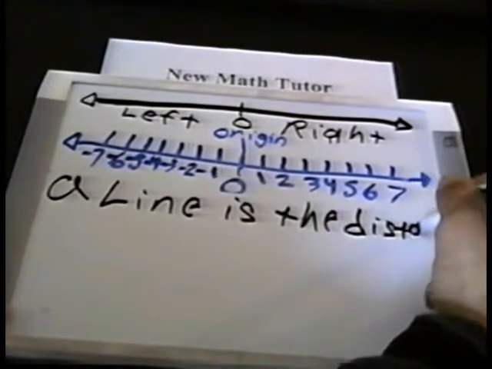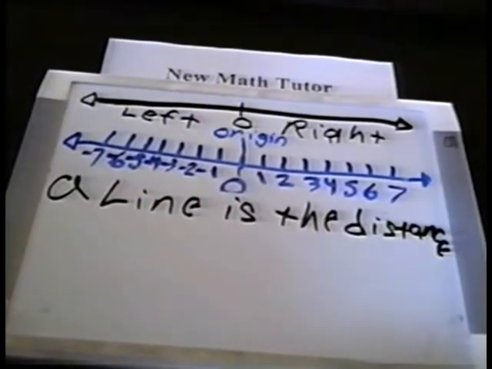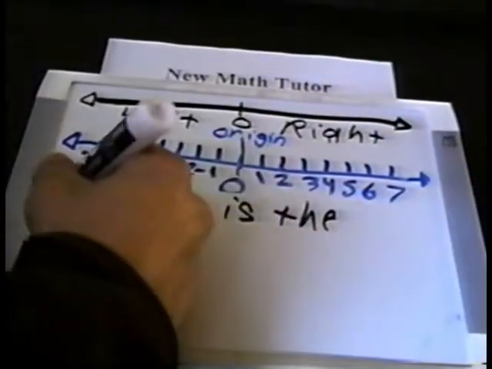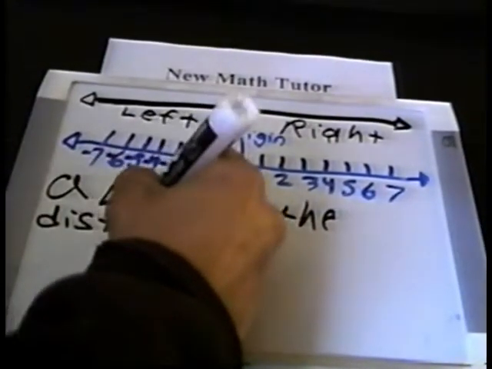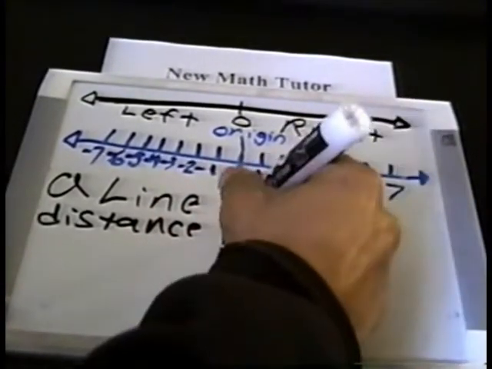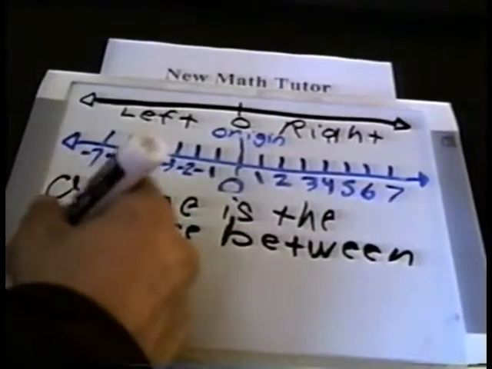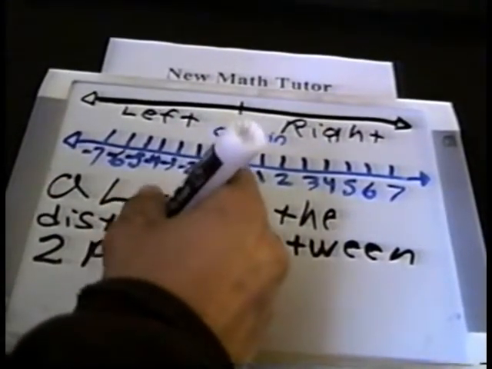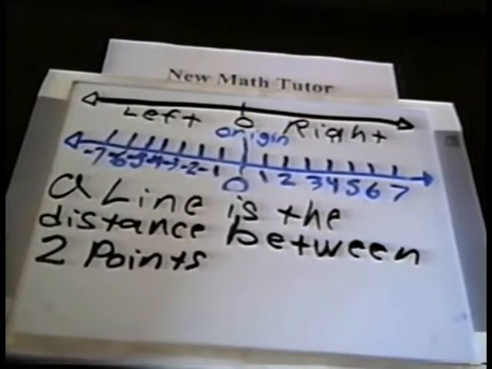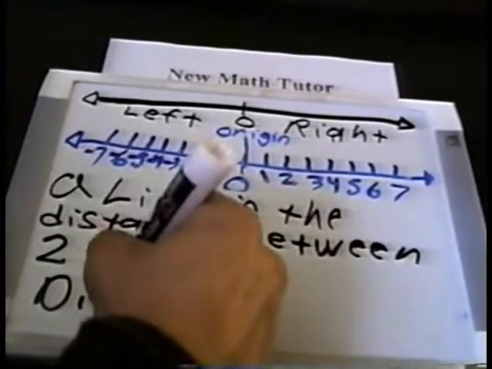So, a line is the distance between 2 points.